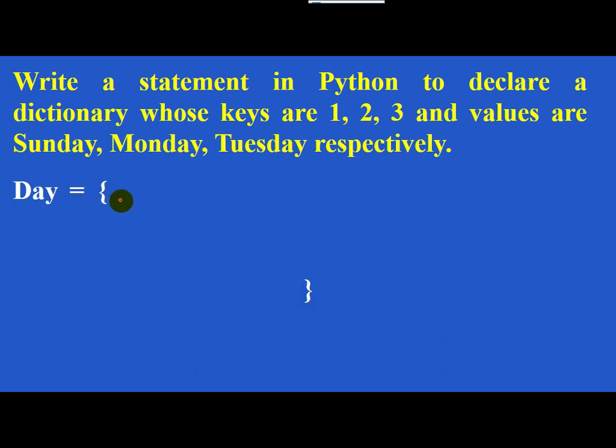Now let me write the first item of the dictionary. What is an item? A key and the corresponding value. So here what is the first key? The day number, and the value is the corresponding day of the week.